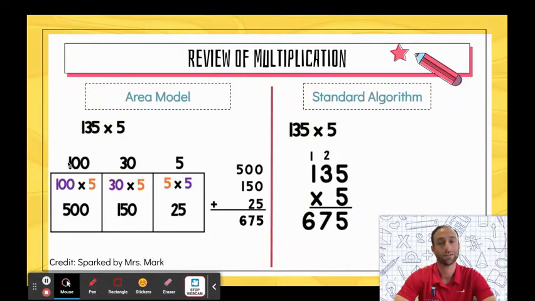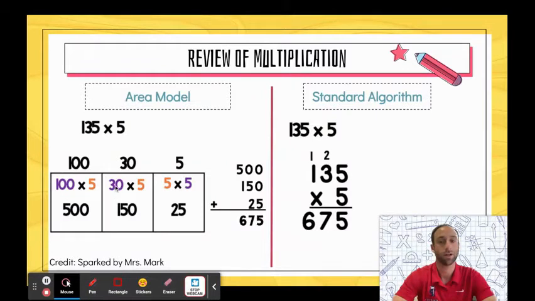Each of these values, 100, 30, and 5, will be multiplied all by the number 5. So if you know your 5s times tables here, right, this could be a really successful problem for you. So 5 times 5 is 25. 30 times 5 is 150.